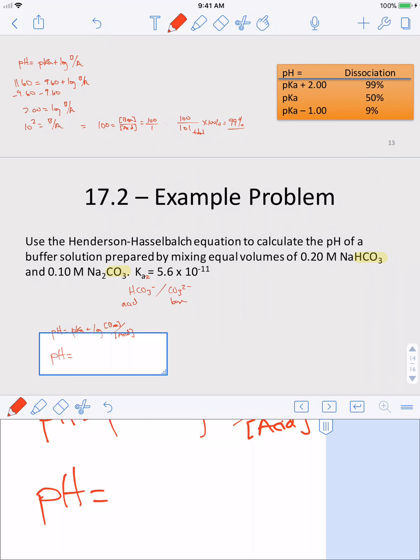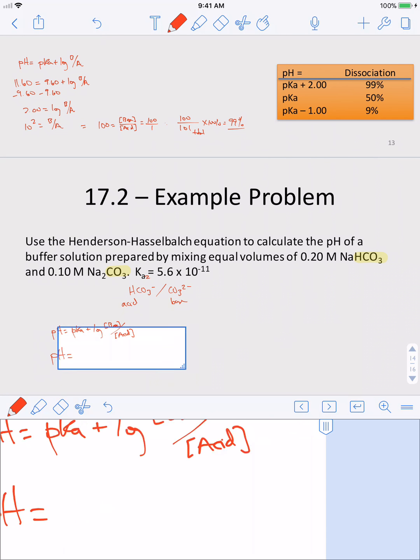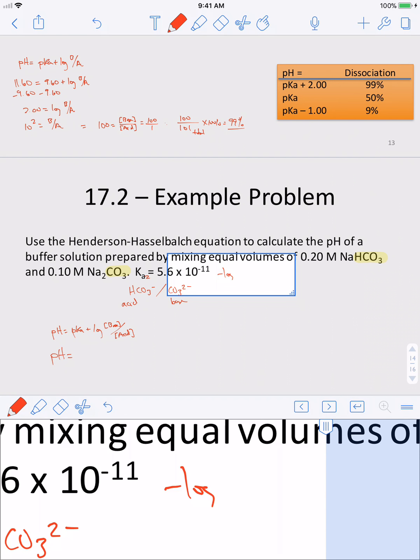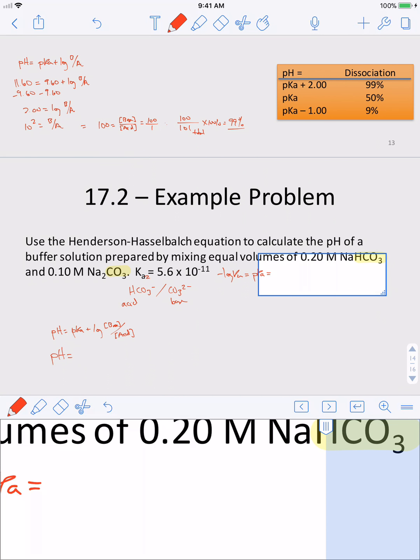We don't know that yet. We do know the Ka. So if we find the negative log of the Ka, we should get the pKa, pKa2 here, which is going to be equal to 10.25. So negative log of 5.6 times 10 to the minus 11 is 10.25.